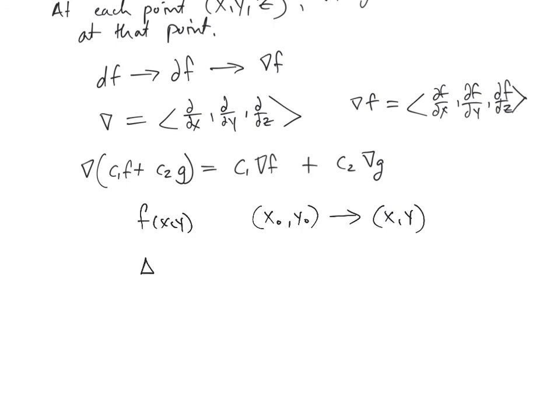Well, we said that delta f, the change in our function, is approximately equal to the partial derivative of f with respect to x times delta x plus the partial derivative of f with respect to y times delta y, right? That is our approximation formula.